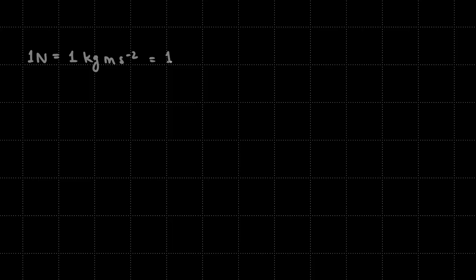Now let's write it as this: 1 into 1 kilogram into 1 meter into 1 second to the power minus 2. It would be the same. Now what we can do is multiply by 1 kilogram by 1 kilogram.